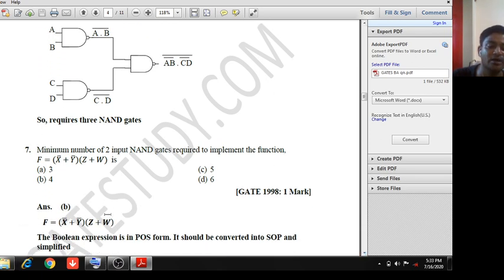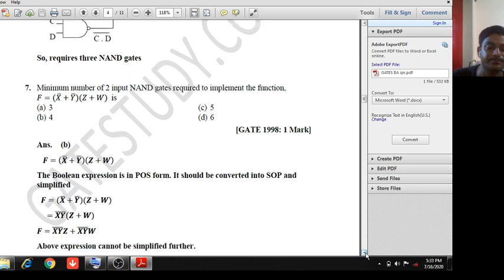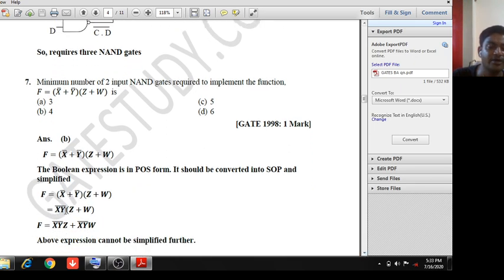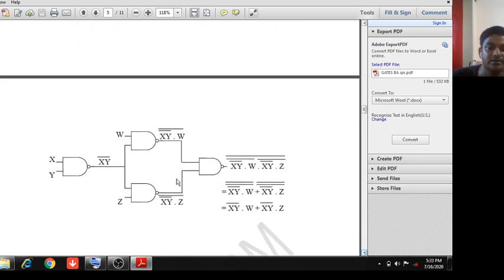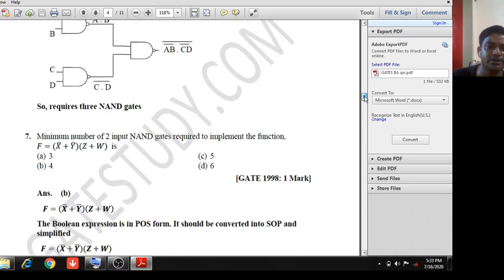Now take x y whole bar, and this is your common term. This is your circuit, and so 4 gates are required. So the answer is 4 gates.